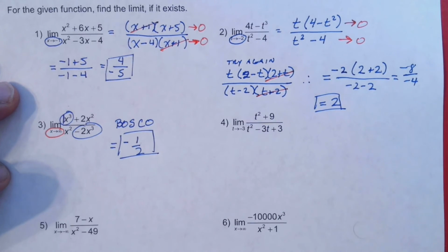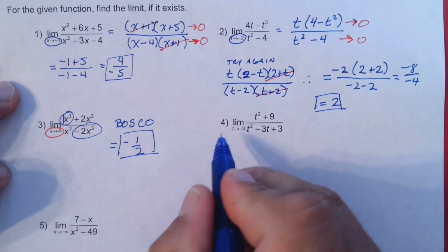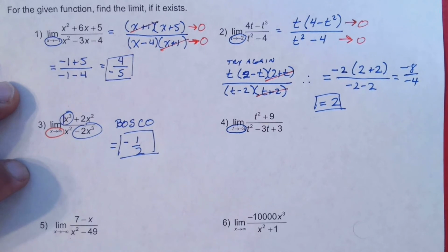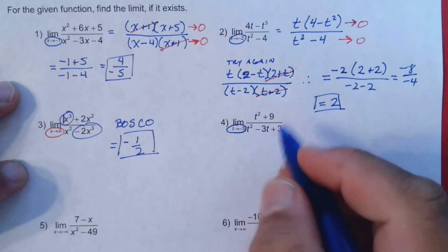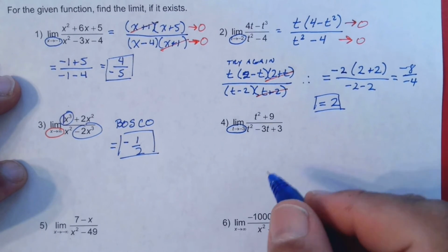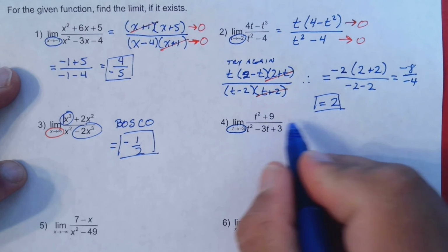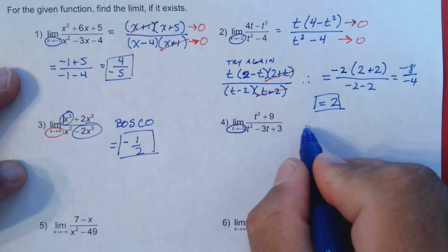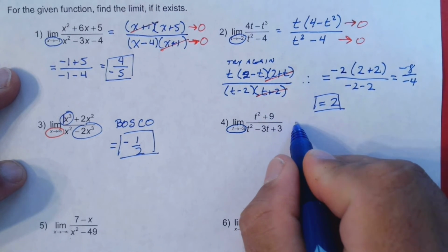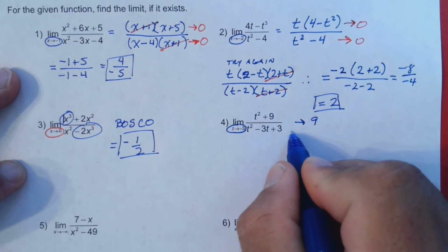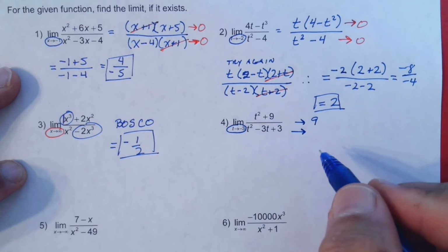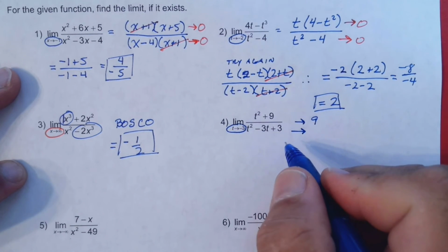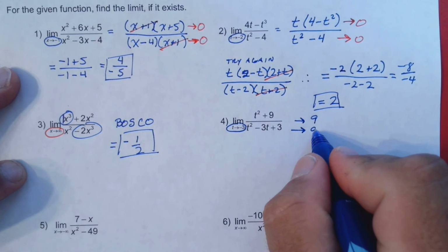Okay. If I look at number 4, here I have the variable t, but it's only approaching -3. So for this one, if I substitute in the numerator, I'm going to have 9 plus 9. And in the denominator, if I substitute in -3, I'm going to have 9 plus 9 plus 3, it looks like.